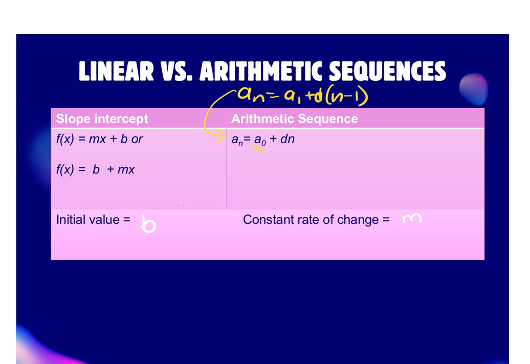So on those, your initial value is what? A0. And your constant rate of change is what? D.